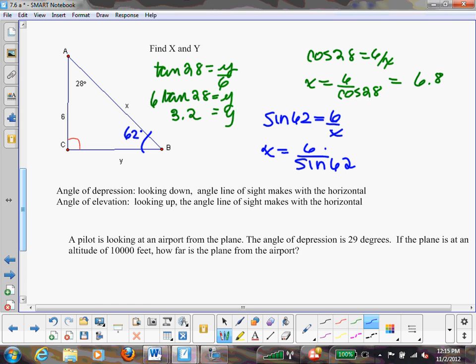Isn't that the same thing as 6.8? Remember, the cosine of one angle is the same thing as the sine of the other. So if I don't want to use 28, I can use the 62. But which angle can I never use? The 90. Okay? Yes? Remember, the adjacent side is never the hypotenuse.